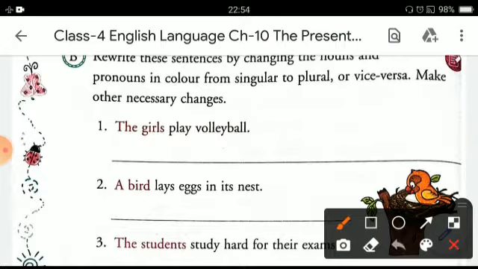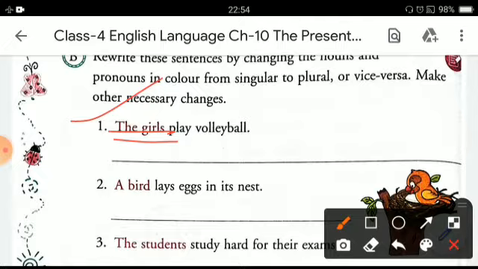Now let's read the first one. The girls play volleyball. The word written in color, the girls, will be changed into singular. The girl plays volleyball. So this is the first sentence.